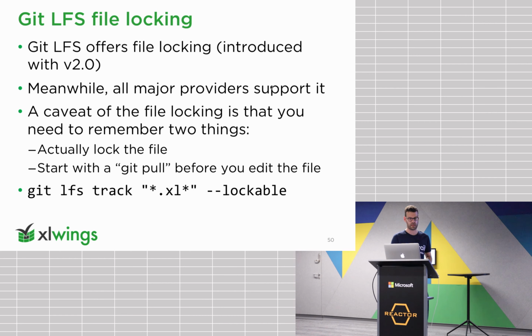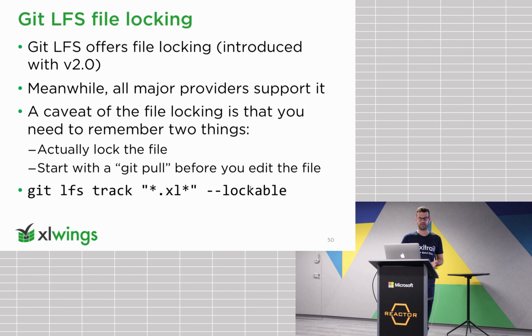The only thing you need to change, if you look at the last line, is that you absolutely need to explicitly tell Git which files need to be lockable. So you need to add this switch here. In the next slide, I'm going to show you how the mechanism works if you use Git LFS for file locking.